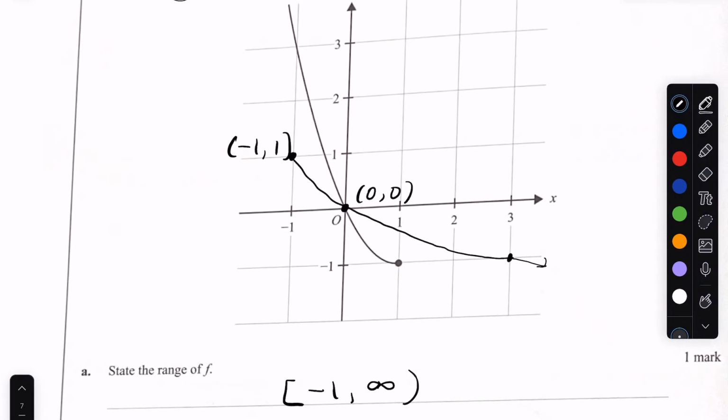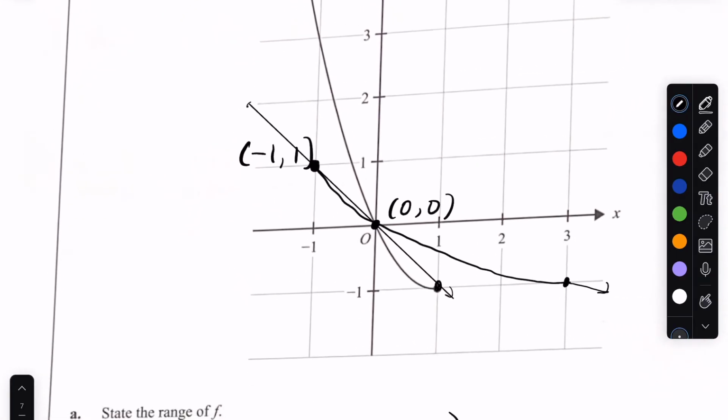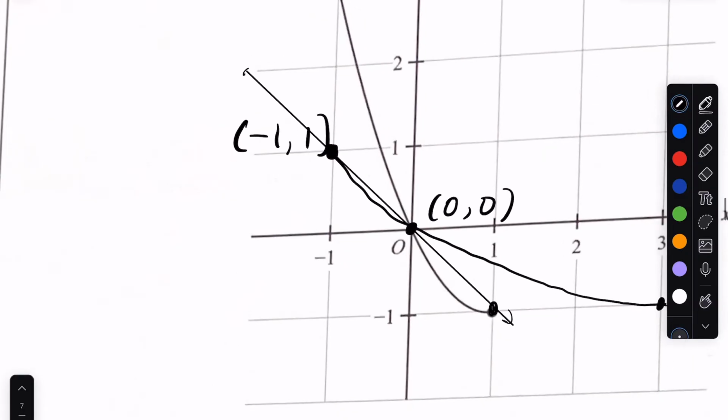So y is equal to -x is this. Just a bit off. Whatever, like just here. So I think that's this area here doubled.